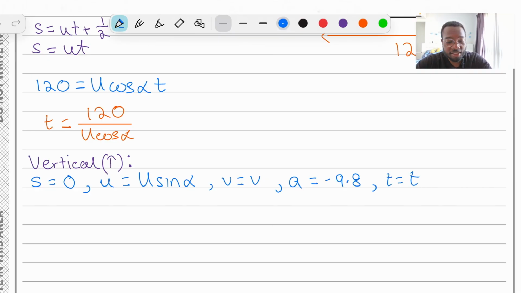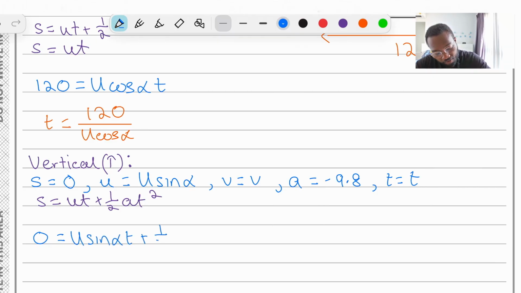But we want to work out that t value. So we can use the equation like in the previous question: S is equal to ut plus a half at squared. So that would be 0 is equal to U sine alpha t plus a half times minus 9.8 times t squared.